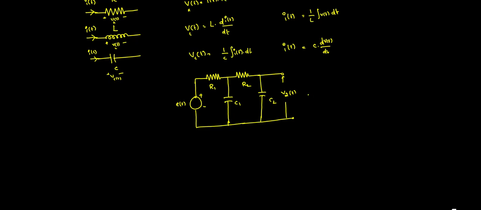For this particular electrical circuit, I want to find the transfer function. So the transfer function is Laplace of output, that is V2 of s, divided by Laplace of input, here E of s. That small e I am writing as capital E of s. This is the main agenda for this particular system.